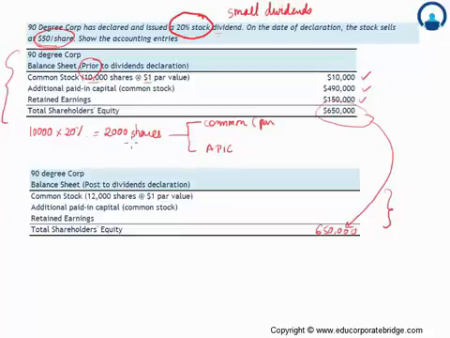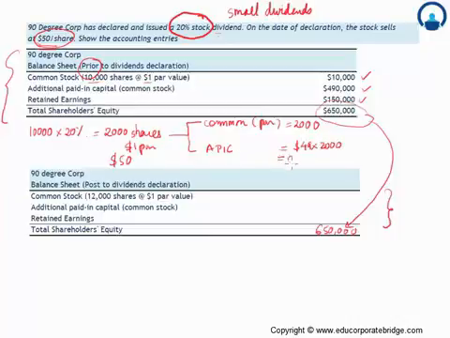So these 2,000 shares at $1 par value will be equal to 2,000, and since we are assuming that these shares are issued at $50, the additional paid in capital would be 50 minus 1, that is $49 over and above the par value, multiplied by 2,000.